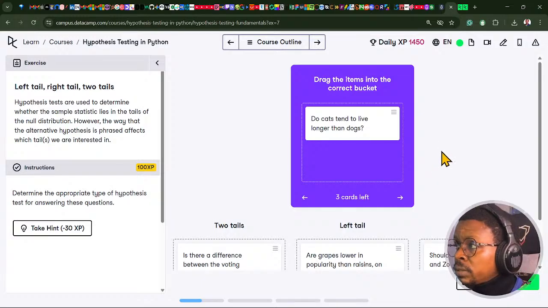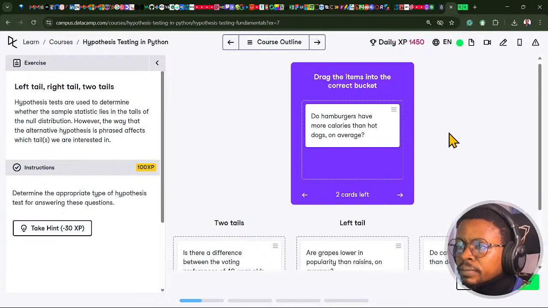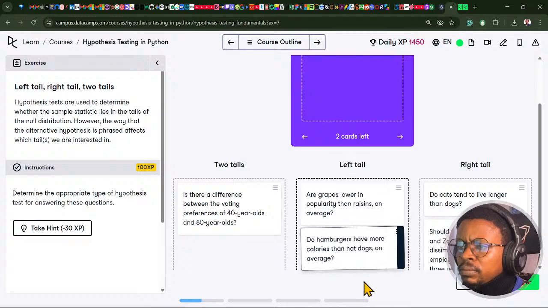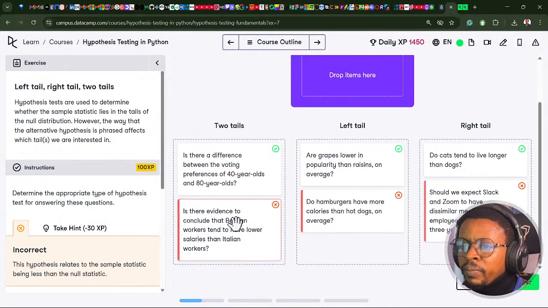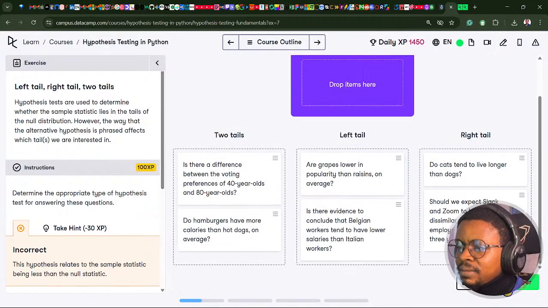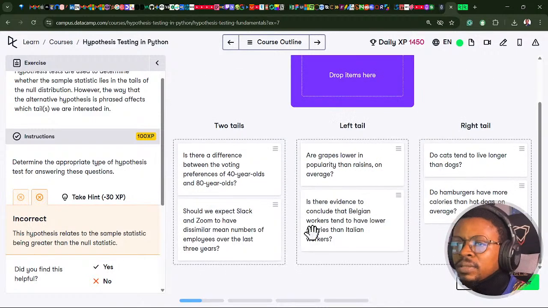Dogs do live longer than. Let's go for right tail there. Do hamburgers have more calories than hot dogs? Oh, we messed this up. So this one is two tails.